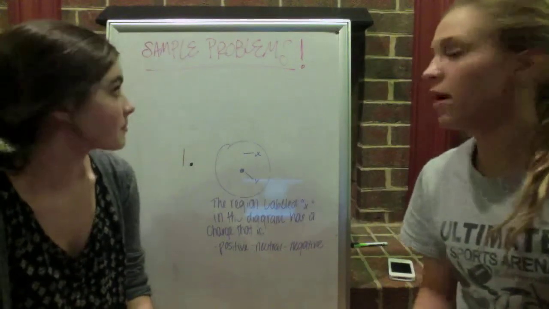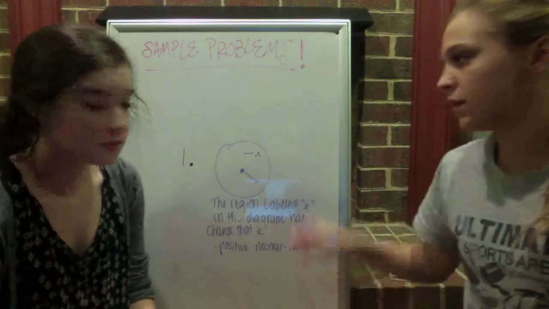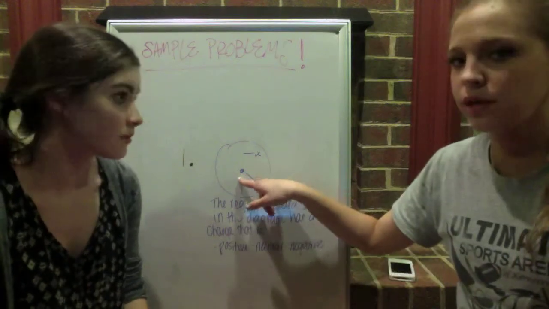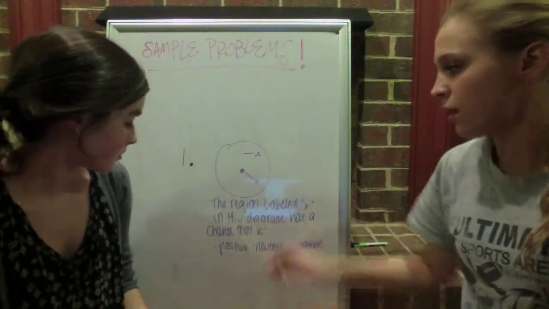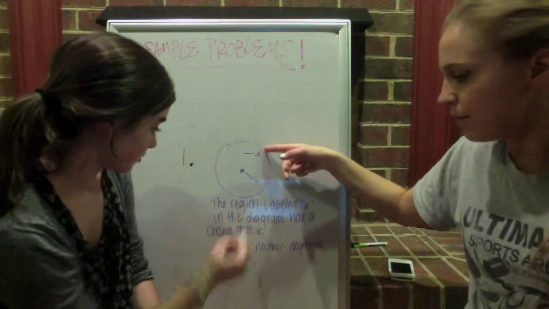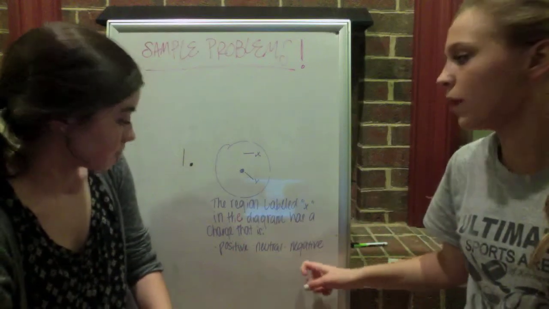So these are going to be our sample problems for the end of the section. Our first one is an atom, and this is a nucleus. The question is, the region labeled X, which is right there in the diagram, has a charge that is positive, neutral, or negative.